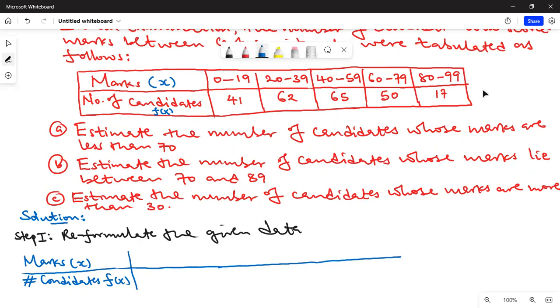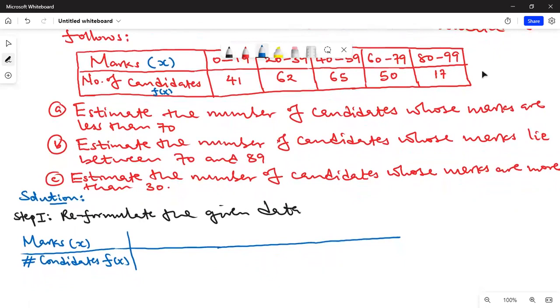What about those who scored marks below 40? Below 40 are those who scored below 20 plus those who scored between 20 and 39. So that's 41 plus 62. So this is how we are going to formulate our new table: those who scored below 20 is 41.